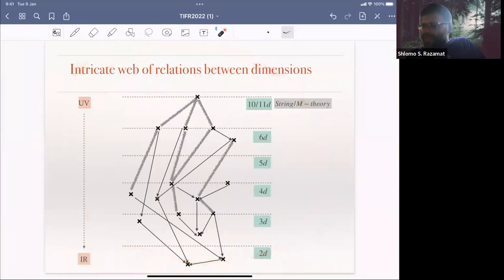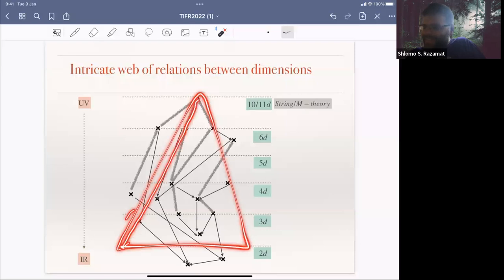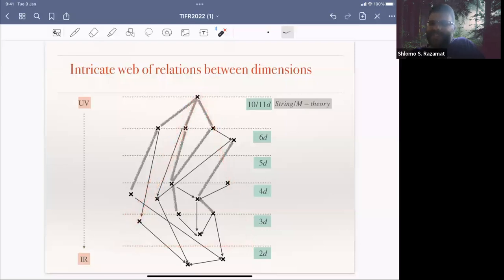So this is the basic idea that is under investigation here, that we have a lot of relations between theories in different dimensions, and we are trying to extract the basic ingredients, the most basic types of statements that we can make. And there is a lot of evidence that there is some kind of pyramid in this structure, that everything comes from higher dimensions.